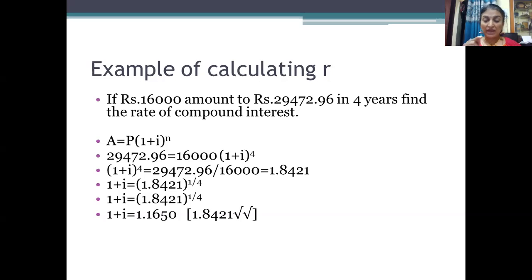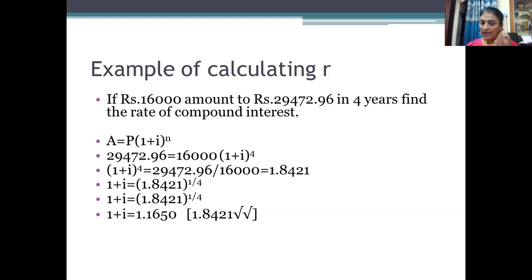Immediately we have to press the square root. 2 times we have to press the square root and we will get the answer. That is 1.1650. And now 1 plus I is equal to 1.1650.